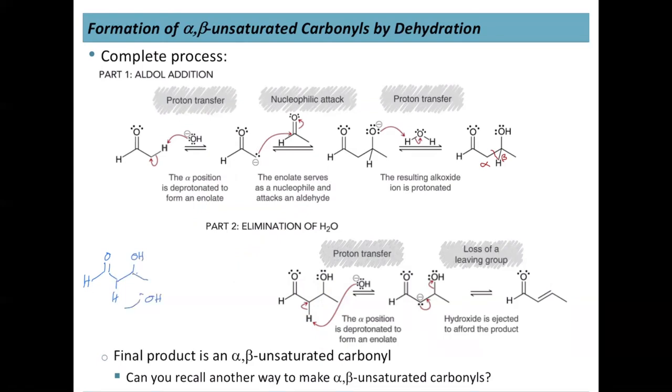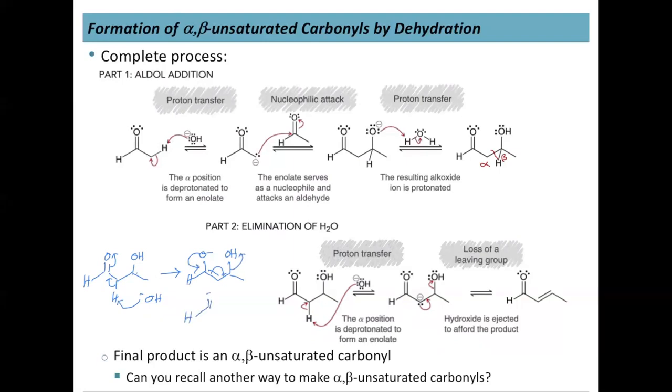but a little bit better way to look at it is you pull off that alpha proton and you push those electrons up onto that oxygen. You've got this double bond here. And now what you do is collapse those electrons down, pop over, and they'll kick off that OH minus.